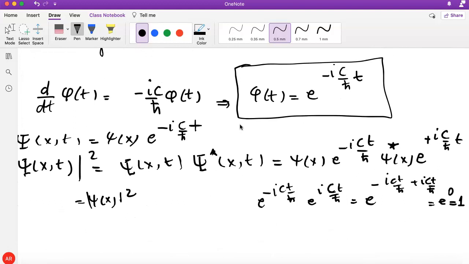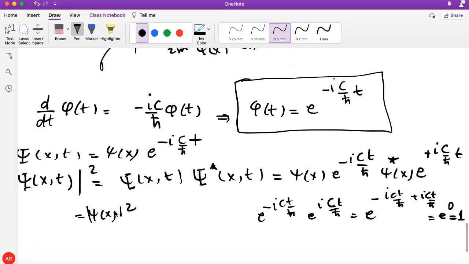And as we'll see, these psi of x's that appear are quite important. They describe stationary states of atoms and molecules. So there's going to be, for example, some set of psi of x's that are allowed for, let's say, the hydrogen atom.